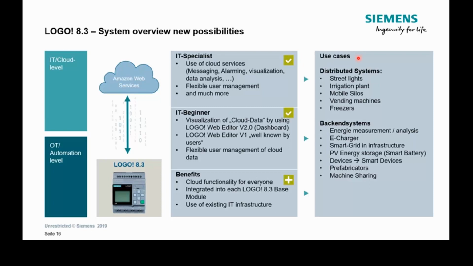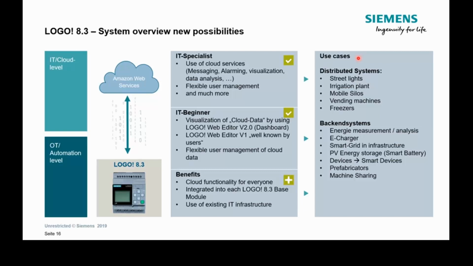The use of our existing IT infrastructures is another big plus. So if I want remote access to a logo at the moment, I either have to do some jiggery pokery with my IT people in the network, or I have to start fitting external modules. As long as I've got an internet connection available at the Ethernet port of the logo, then I'm good to go and good to connect to the cloud. So this again gives us really good flexibility, whether it be in the applicative use.